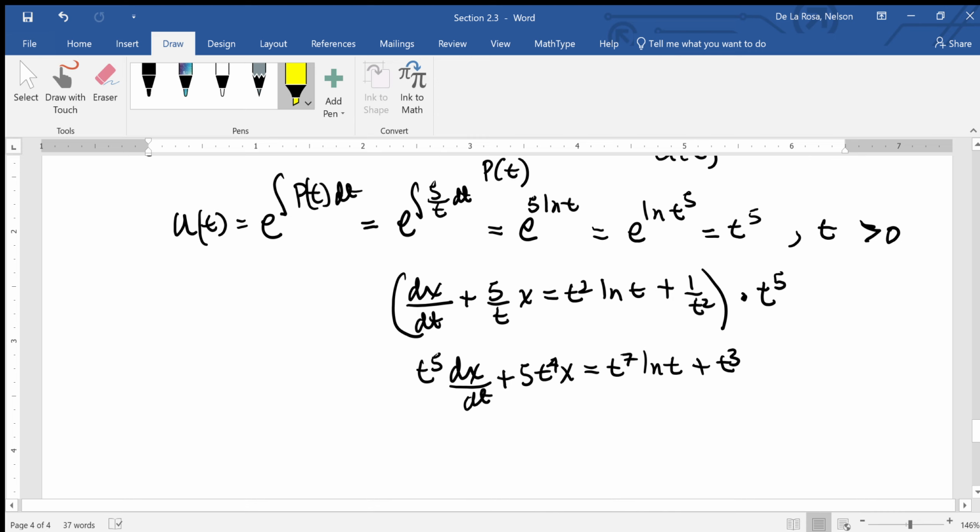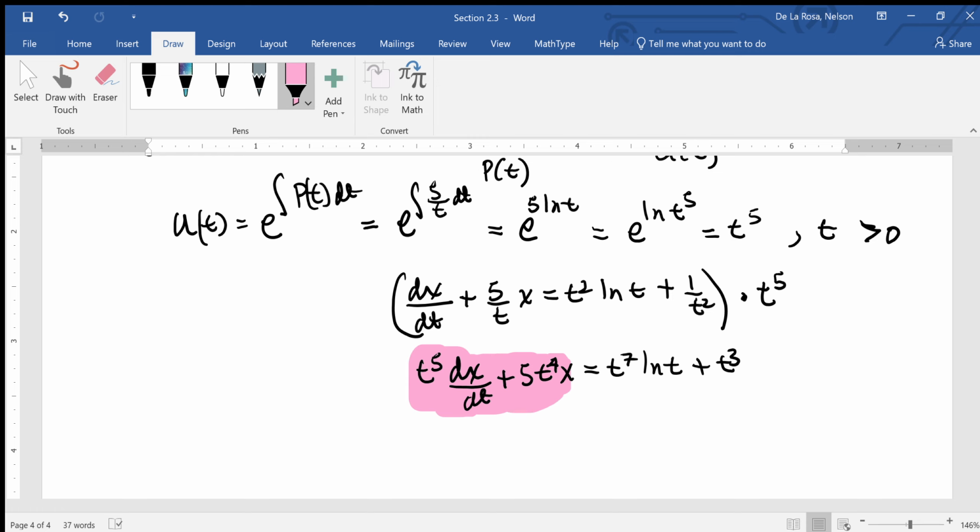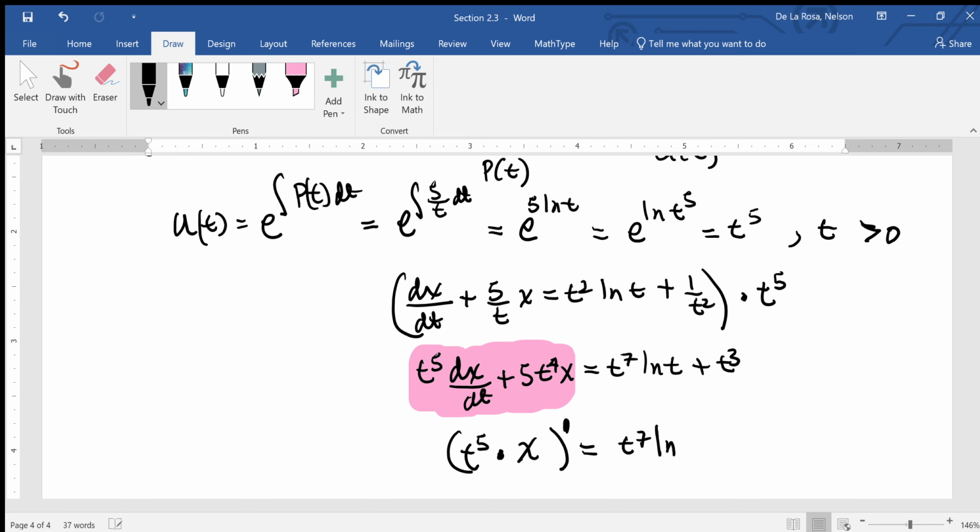And notice that the left side of this new equation is the derivative of a product, and that product is formed by our integrating factor, which is t to the fifth, times x, the dependent variable, equals the right.